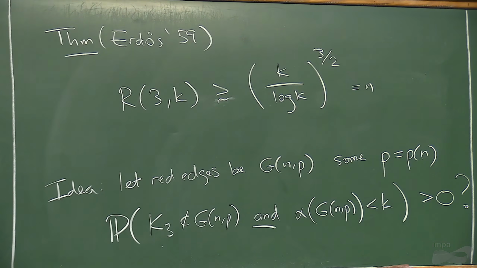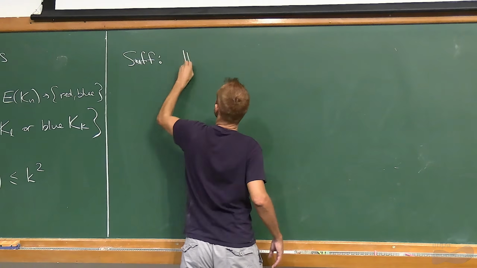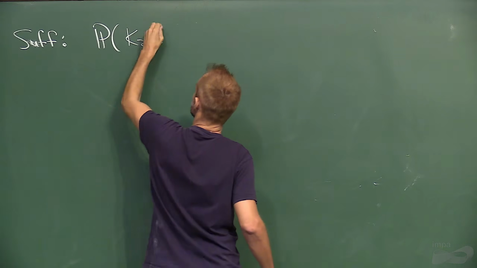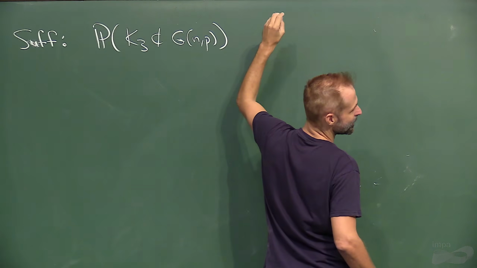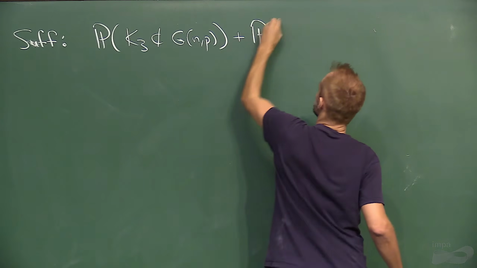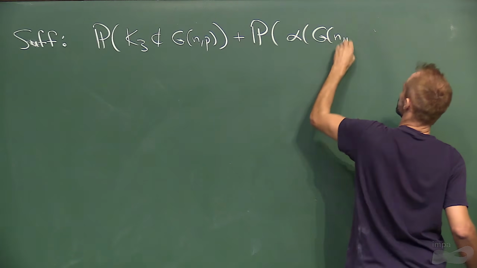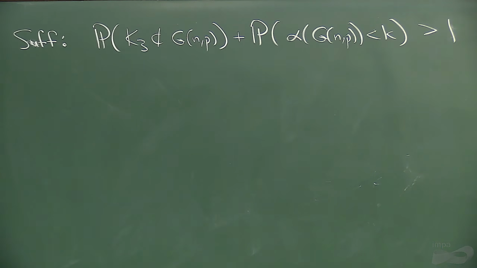It would be sufficient to prove the probability that G(n,p) is triangle free plus the probability the independence number is less than k is strictly greater than 1. If you have two events and their probabilities add up to more than 1, then they must intersect. You can't fit them both in the world disjointly.